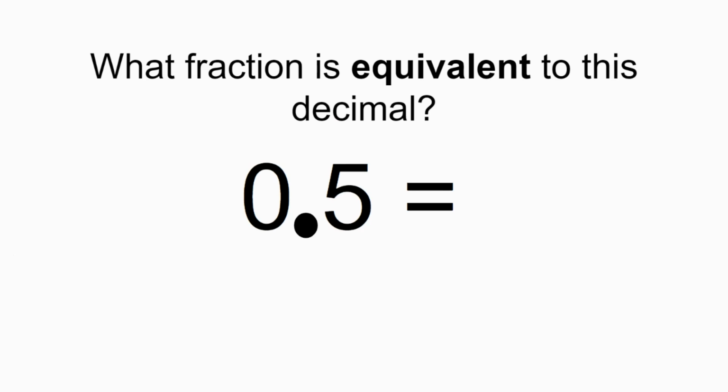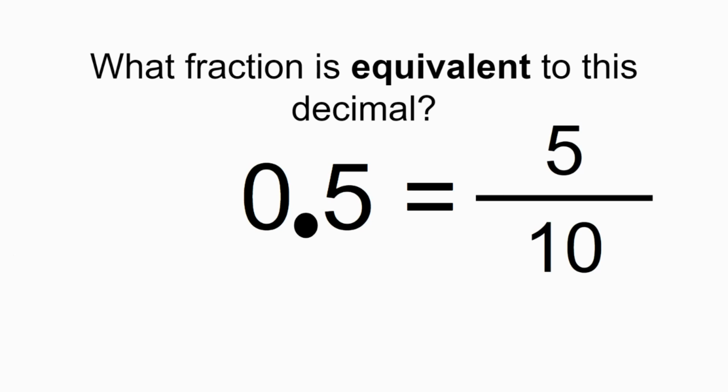What fraction is equivalent to this decimal? Well, the way you say that number is 0 and 5/10, and the way you write 5/10 as a fraction, they're equal. Both of those mean the same thing. They both are equal to 5/10. They're just written in different forms. One is a decimal form, the other one's written as a fraction.